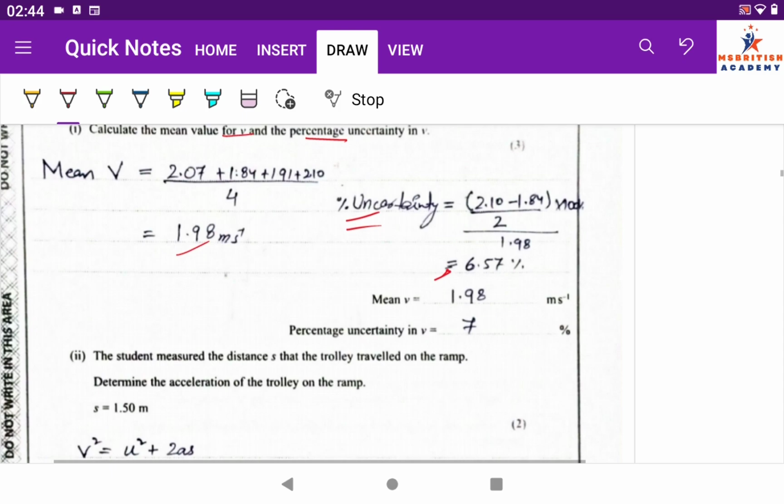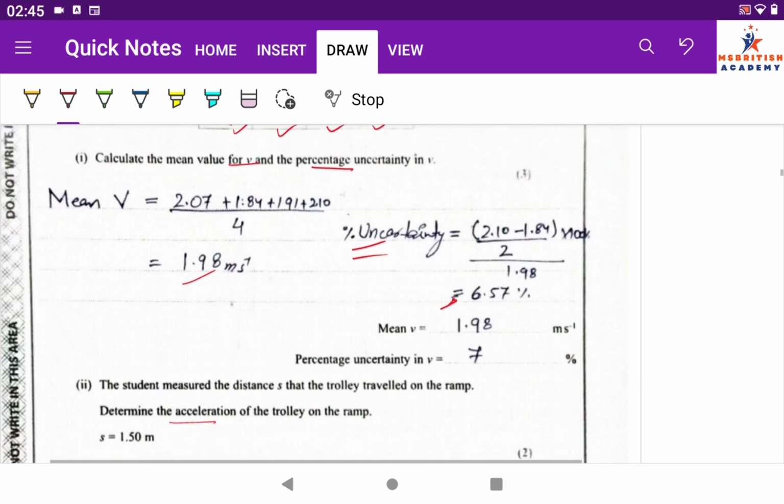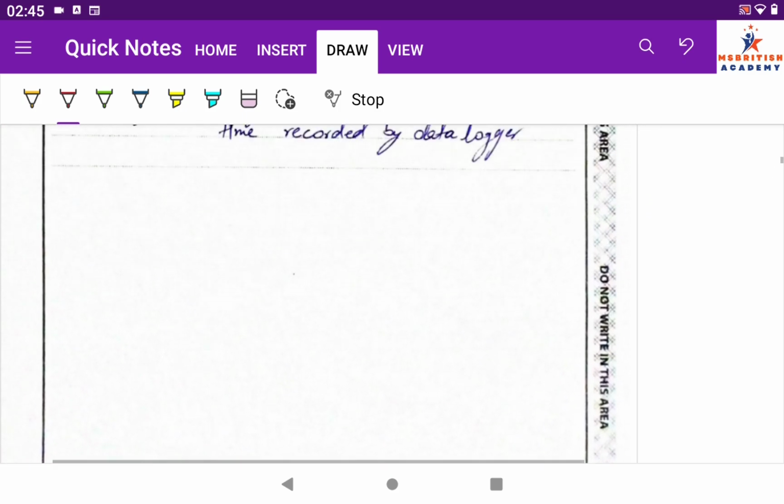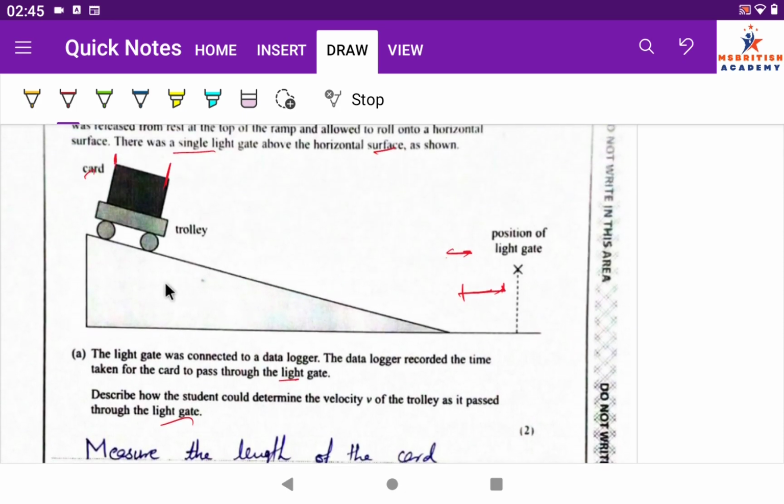Now the question number B, second. The student measures the distance s that the trolley travels on the ramp. Determine the acceleration of the trolley on the ramp. Here it is given that this length is s, and the s value is 1.5 meter.